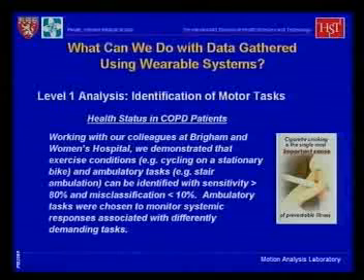So the objective essentially is identifying changes in systemic responses that are associated with equally demanding motor tasks. So let's say a patient is going up and down a flight of stairs, right? And we look at respiratory rate, oxygen saturation, and heart rate. And we want to see if that's actually changing over time.